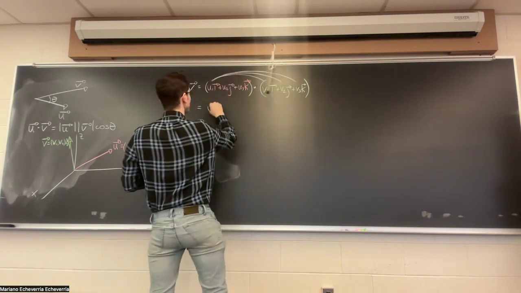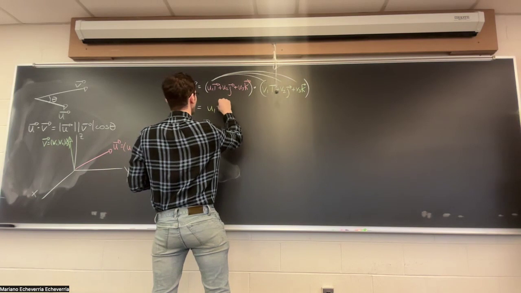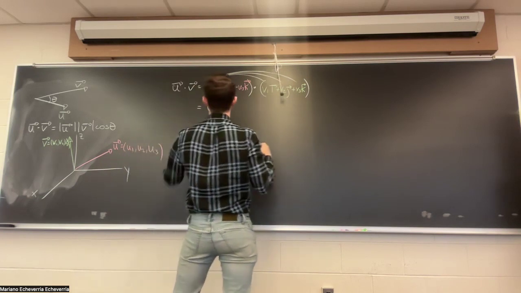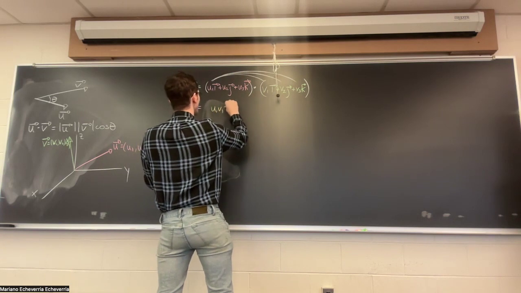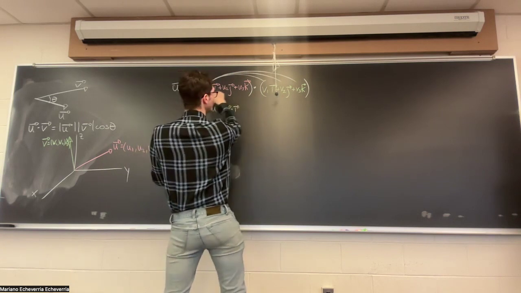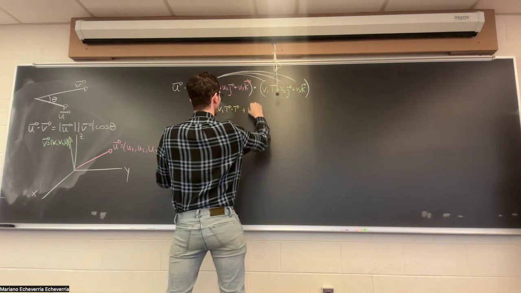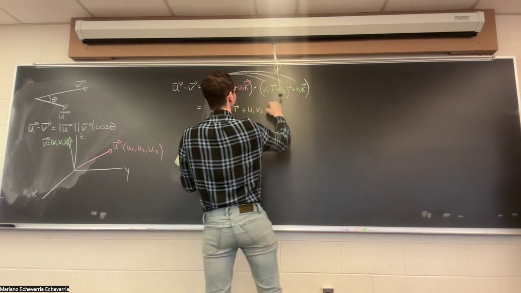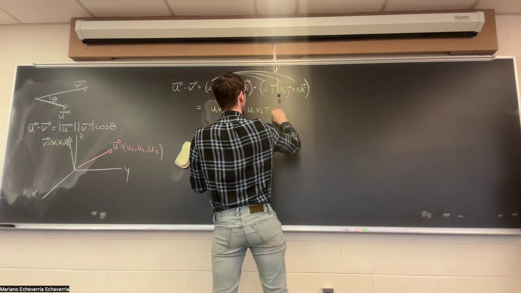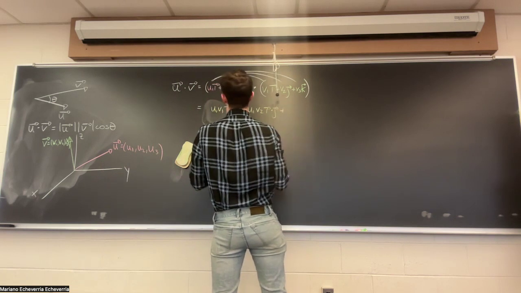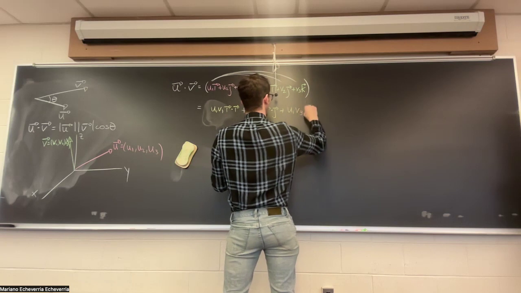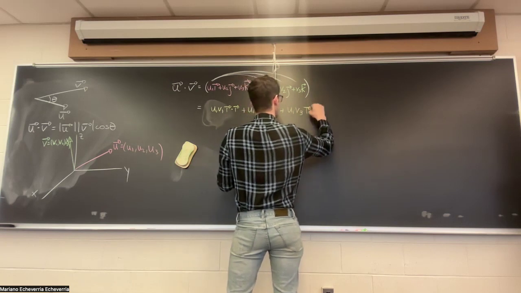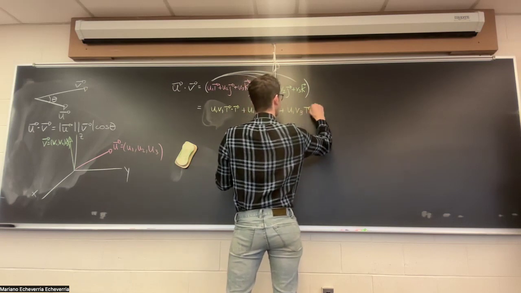What ends up happening is you get u1 v1 i dot i, you get u1 v2 i dot j, plus u1 v3 i dot k.